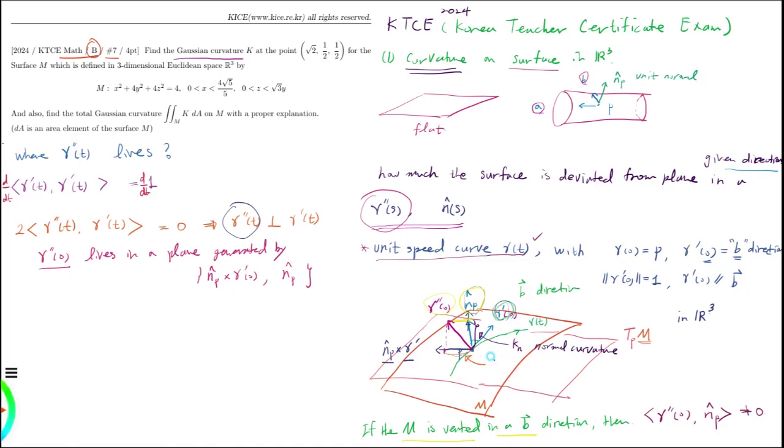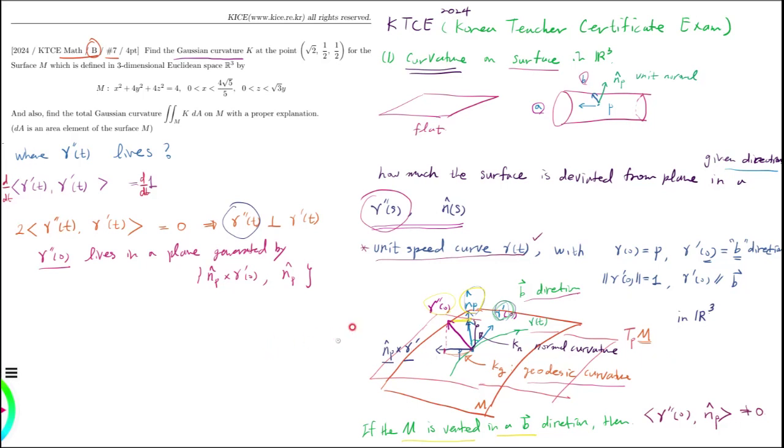This is called geodesic curvature. It does not contribute to how the surface is curved in a given direction, but is more related to the unit speed curve gamma itself. Its geometric meaning is so.